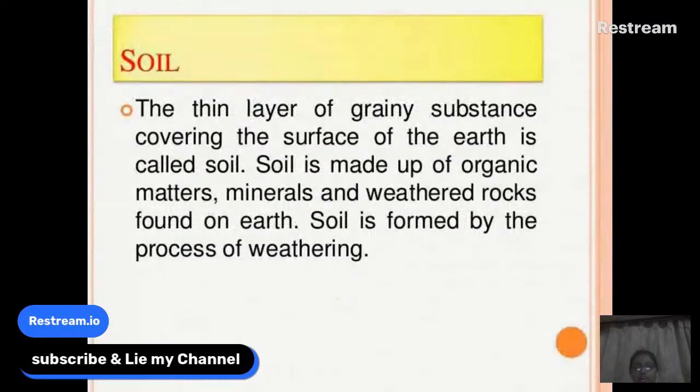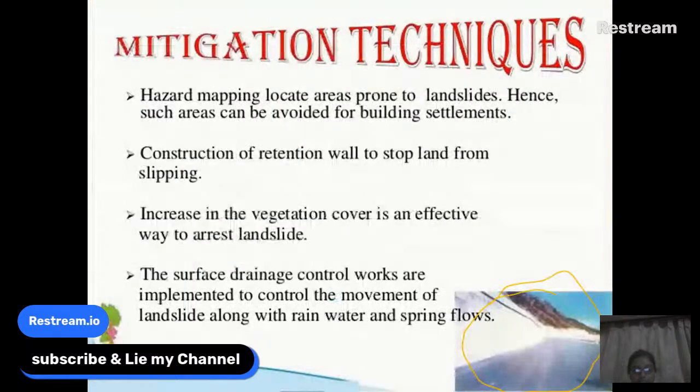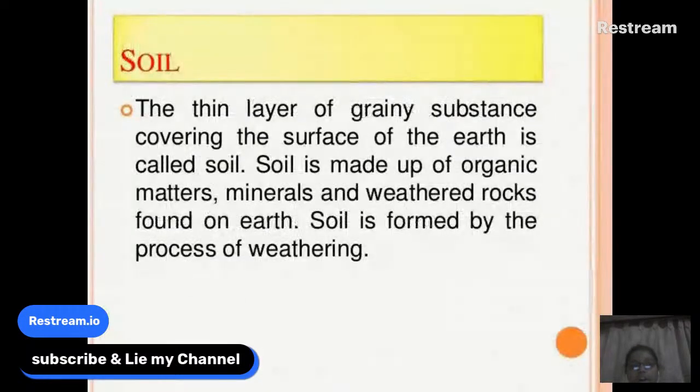Next, we'll move on to the next thing, that is the soil. Now, as you know, soil is a thin layer of grainy substance covering the surface of the earth.